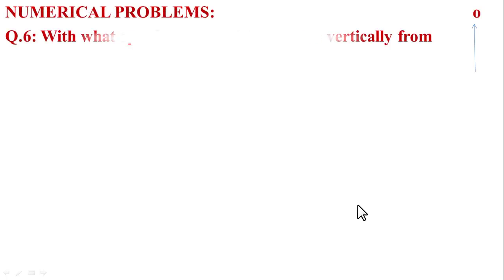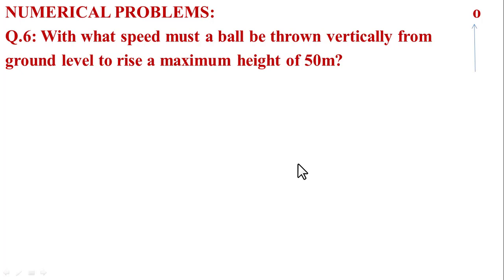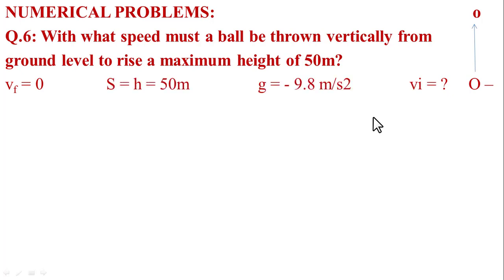Now the last numerical of today's topic, question number 6. With what speed must a ball be thrown vertically upward from ground level to rise to a maximum height of 50 meter? So final velocity Vf is equal to 0 because the body reached maximum height.